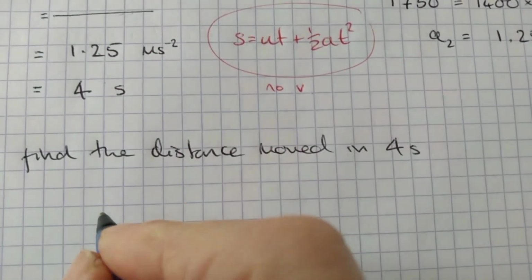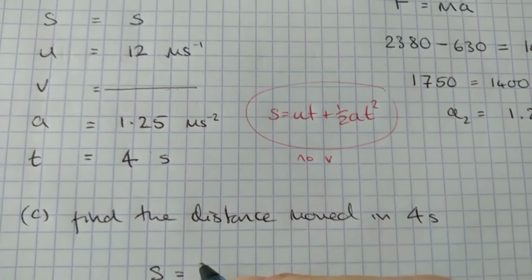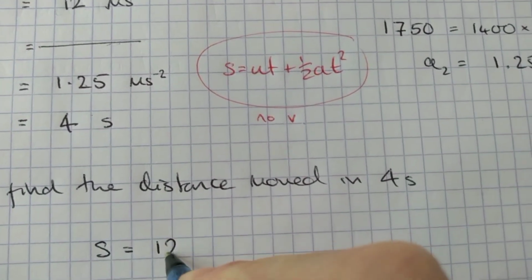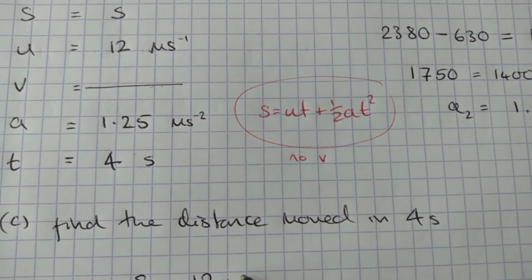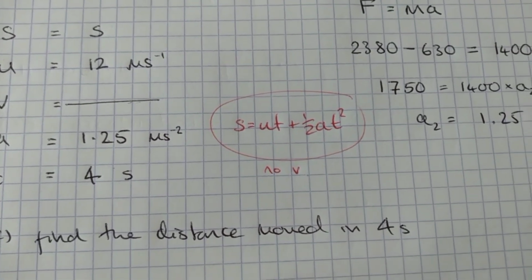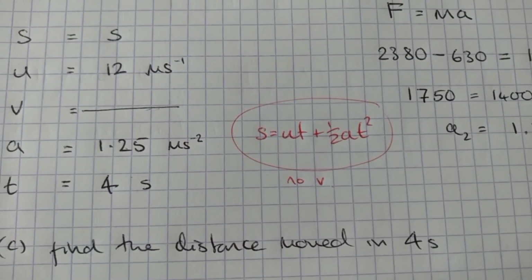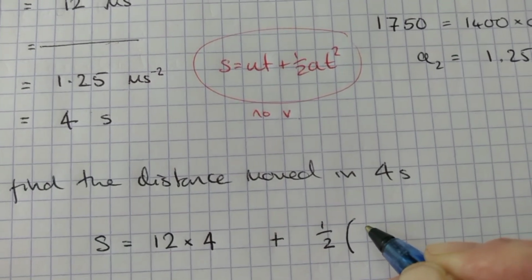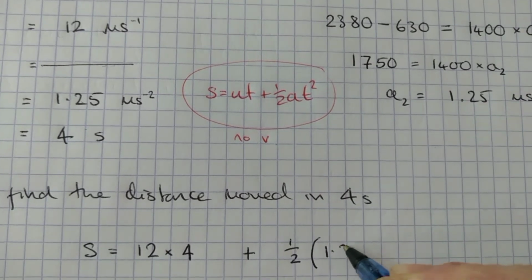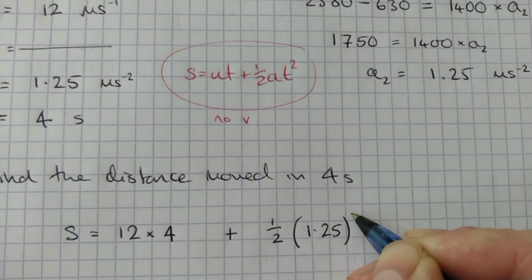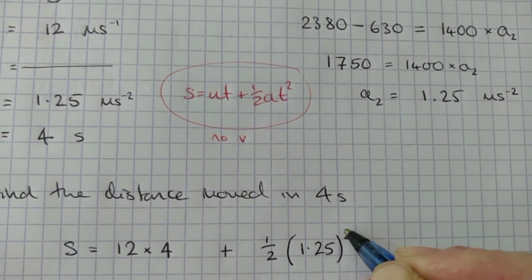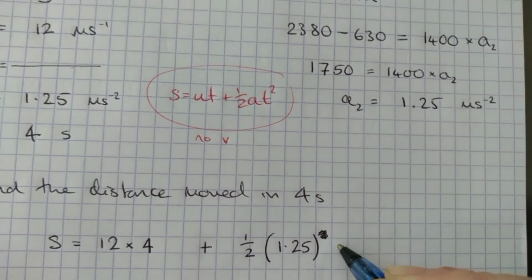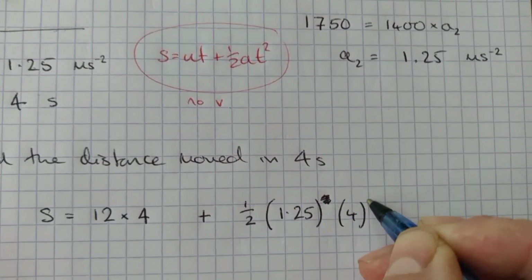plus, feel free to stop and carry on with this any time you like on your own, because you may well be on the home straight here and know what you're doing. Sorry, that's just A, not squared. It's T that's squared, 4 squared. So I've done my substitution, U times T plus half A T squared. Everything's positive here.